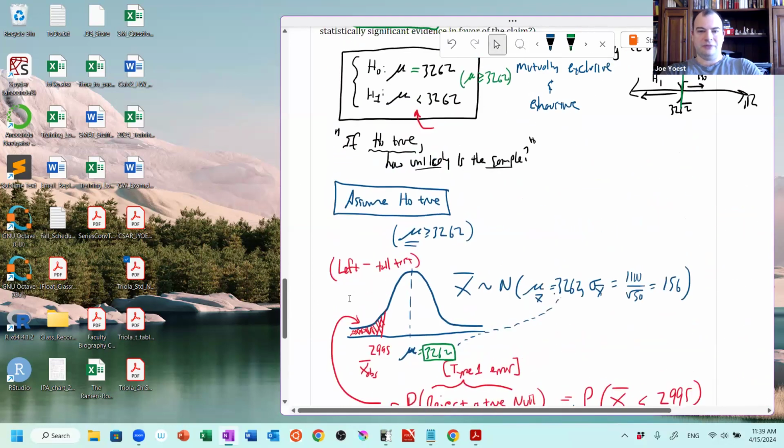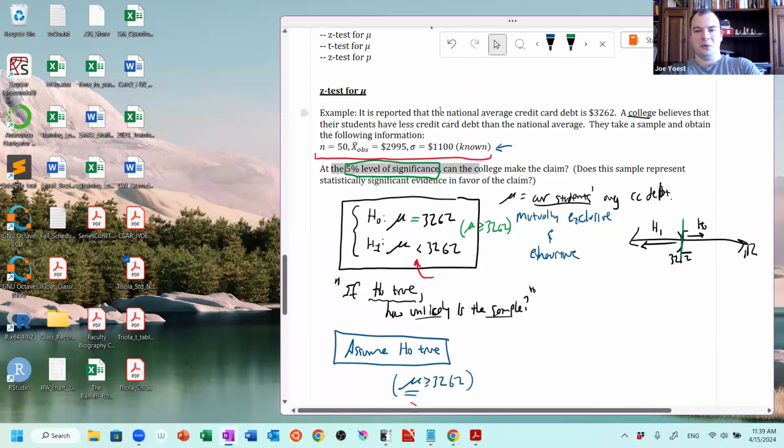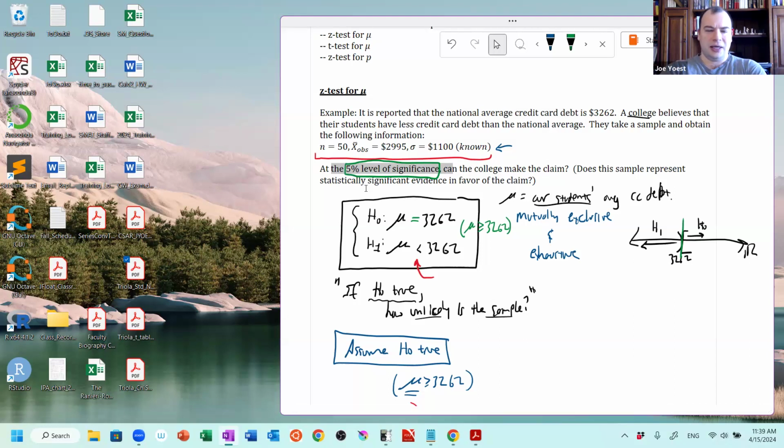So why are we using 5% here? Well, the most straightforward answer is because we picked it and that's what it is. It's a part of the problem, the same way that we're talking about national average credit card debt because that's part of the problem. But why would a person choose to use 5% instead of 10 or 1 or 7.3%? The answer is basically that's what other folks in their field are using.